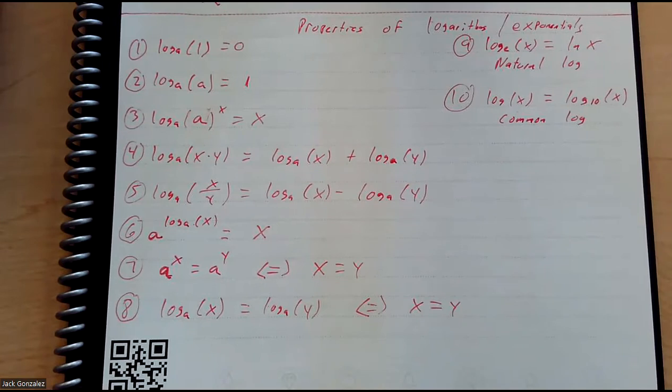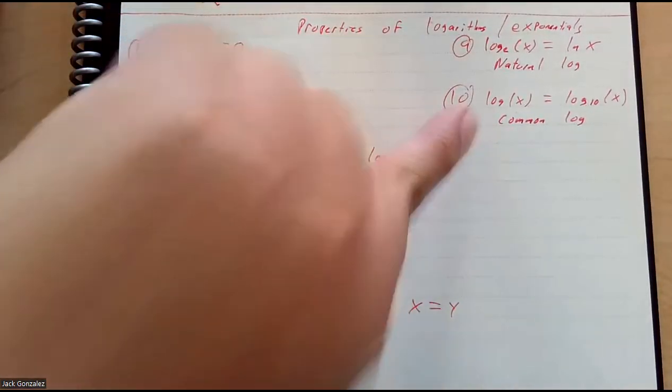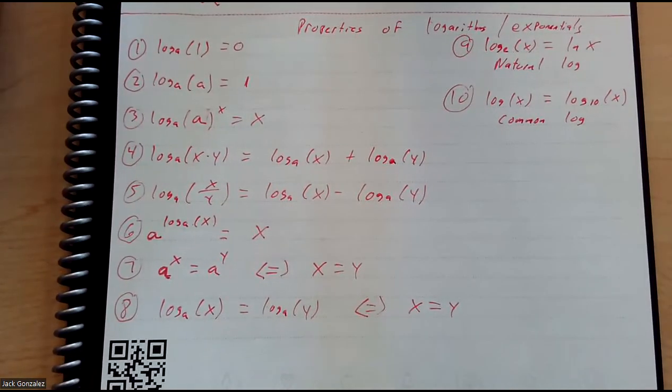So those are the ones on your calculator. On any scientific calculator, they have two dedicated buttons, the ln and the regular log, the common. If you have a fancy calculator, you can choose your bases if you want, but it's unnecessary. But anyway, that's all the formulas you're going to need for this section.